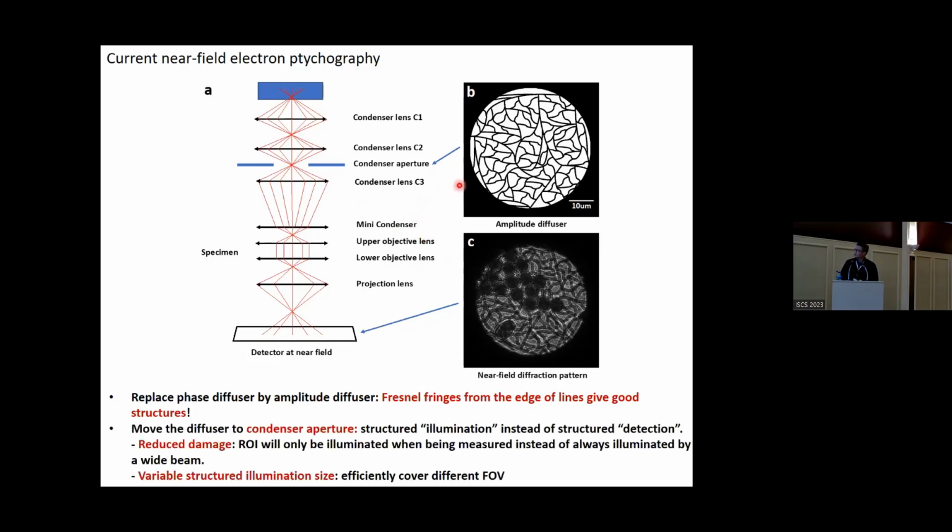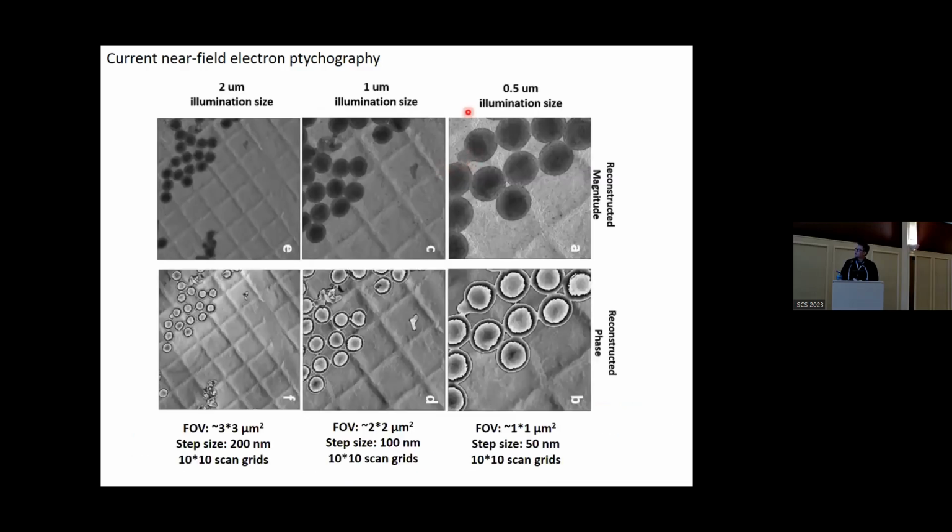So to demonstrate our idea, we use 3 different illumination sizes: 0.5 micron, 1 micron, and 2 micron. And then we are still able to quantitatively have phase reconstruction for a much larger field of view than traditional ptychography.